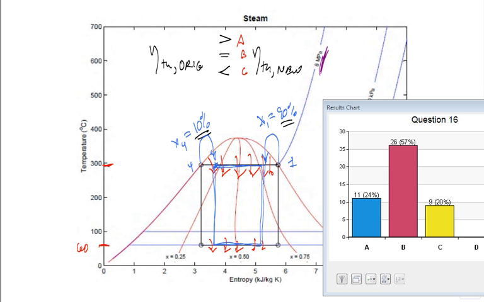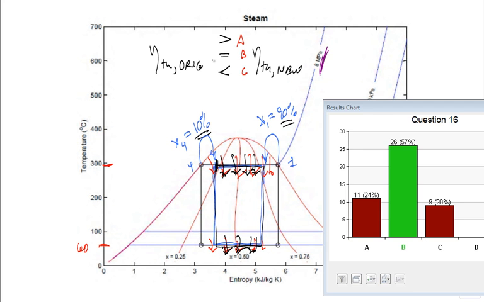If it was this new system as shown here, is all of the heat transfer coming in still all at the same TH? Is all of the heat transfer out still at the same TL? 1 minus TL over TH. Did that change? So the correct answer is B. B is the correct answer, is it not?